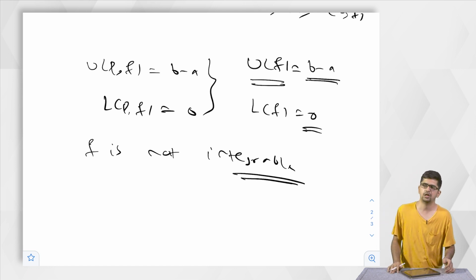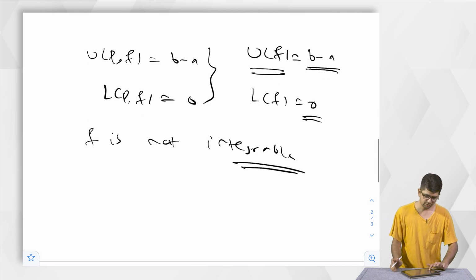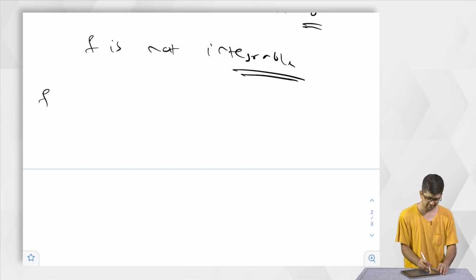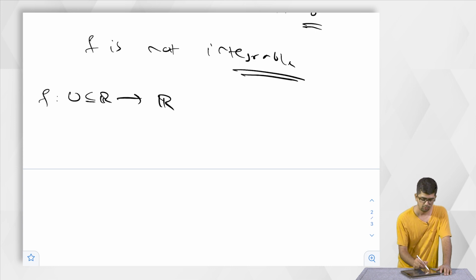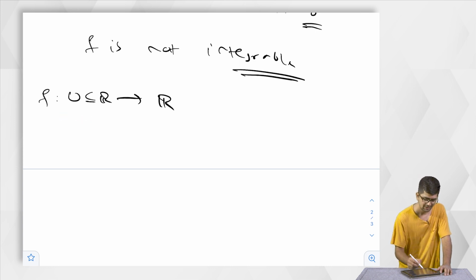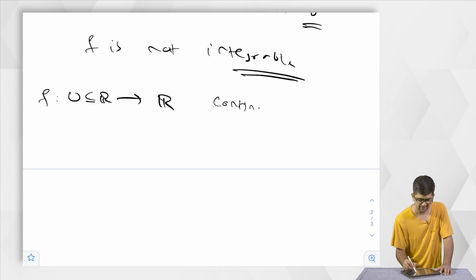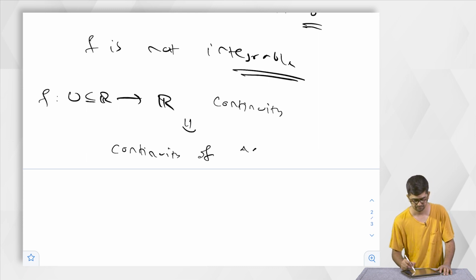Okay. Now let us check the properties that we have proved or assumed for the previous ideas. Look at continuity. If I take any function f from U, a subset of R, to R, and I restrict f to some appropriate subinterval, then I know continuity of f implies continuity of any restriction.